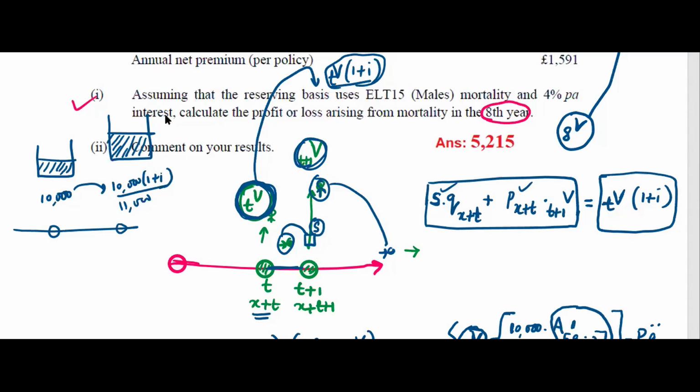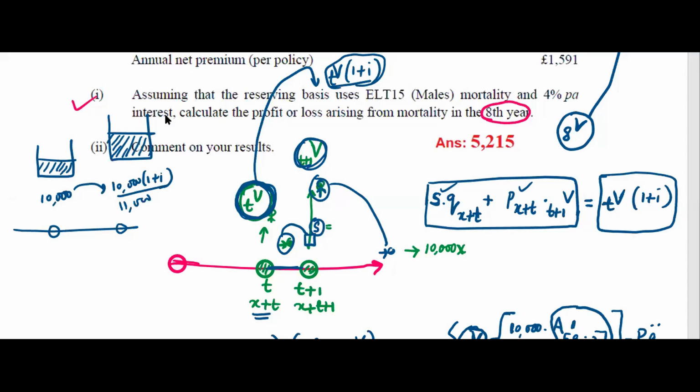What is S here? Anyone who can answer? S is given in the question, right? What is S here? 10,000? Death benefit. Yeah, 10,000. And Qx plus T is here. You need to write that. You have to see the table, at least Q is given.